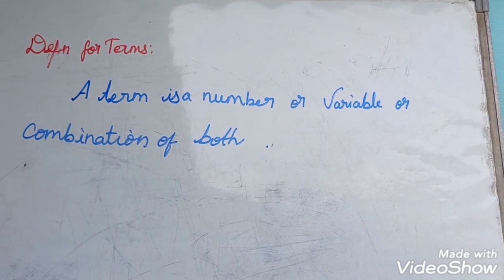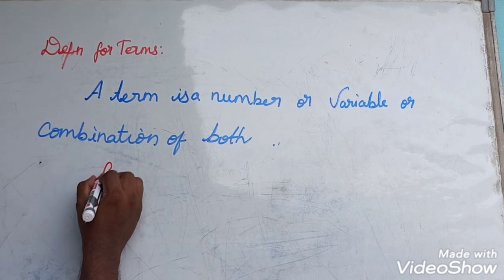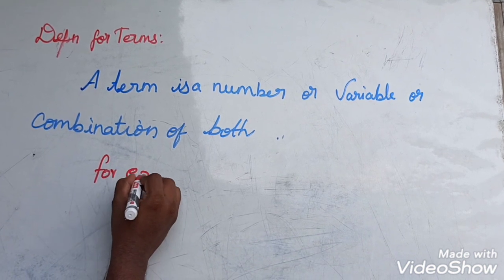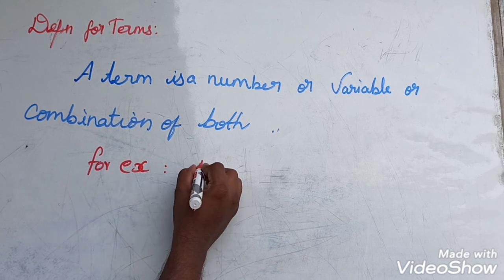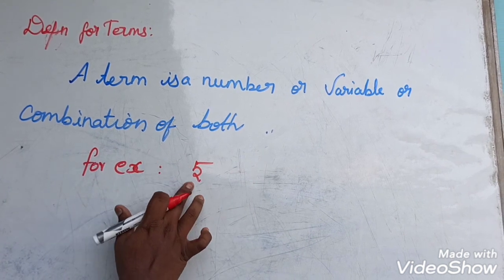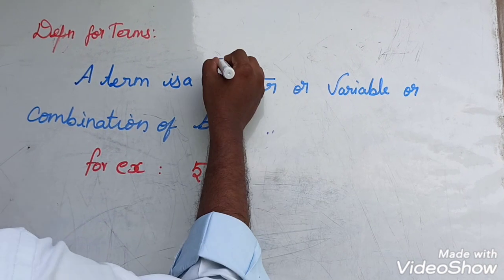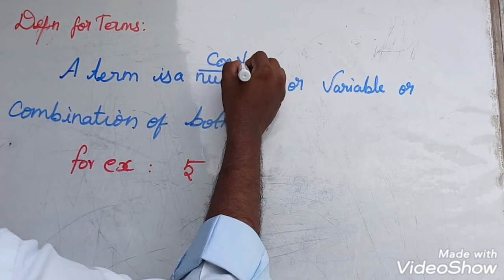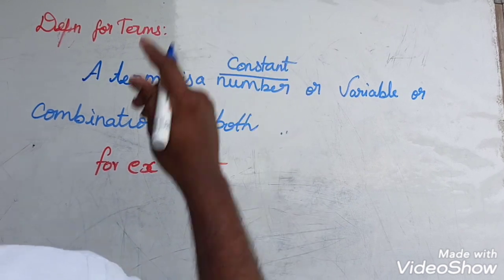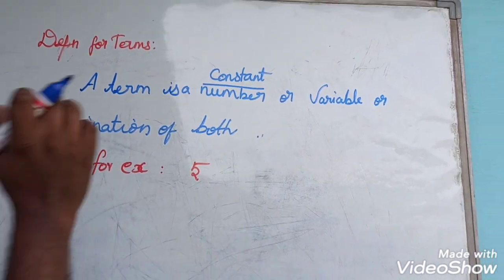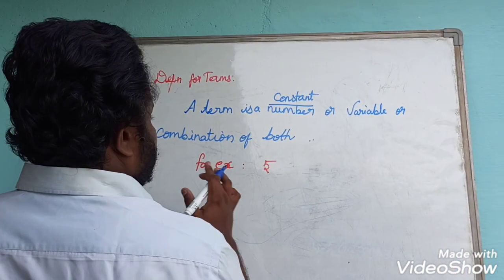For example, here 5. So 5 is a number, and we say a number as a constant also. A term is a constant or number, or a variable, or a combination of both.